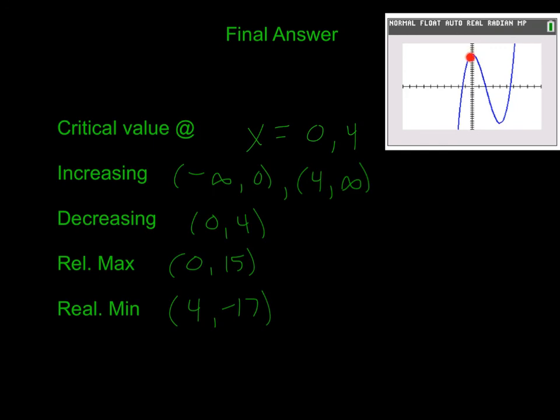We have a relative max up here at (0, 15), and I got that 15 value by substituting 0 into the original function, right? 0 into our f function yielded us an answer of 15, or a height of 15, and a relative min. When we substitute 4 into our original function, we get a y value of negative 17. And that's it. You're ready to embark on a few problems on your own now.